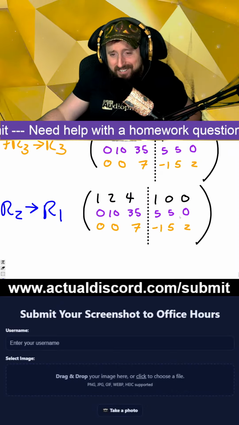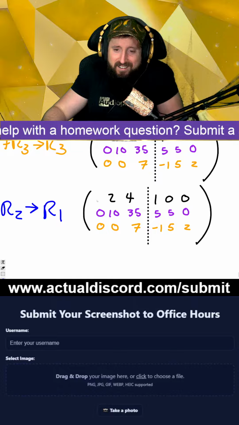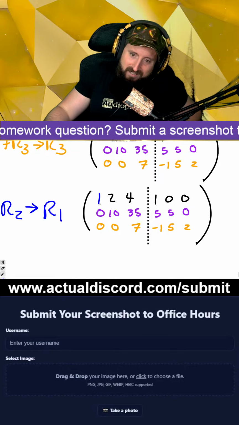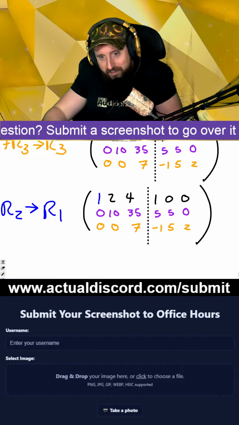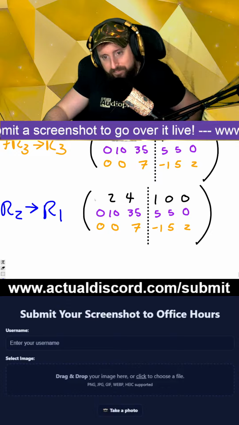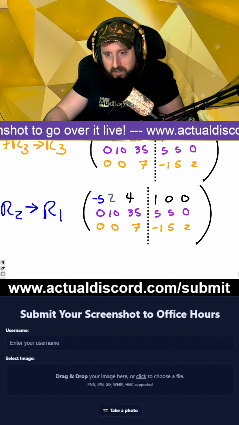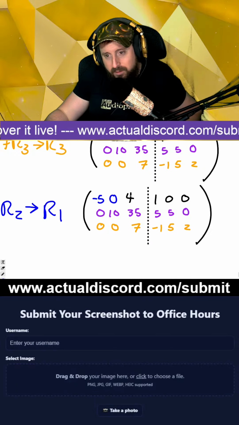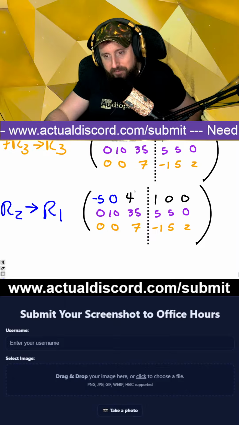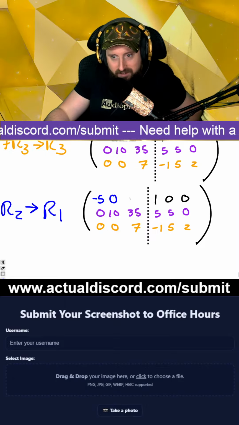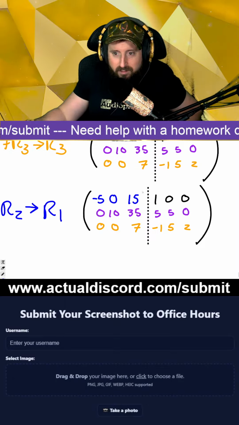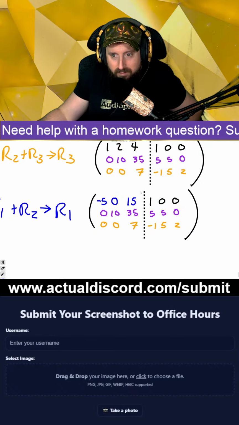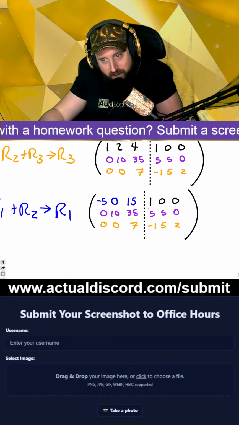Okay, so this becomes -5, right? This becomes 0. -20 plus 35 is 15. -5 plus 5 is 0.